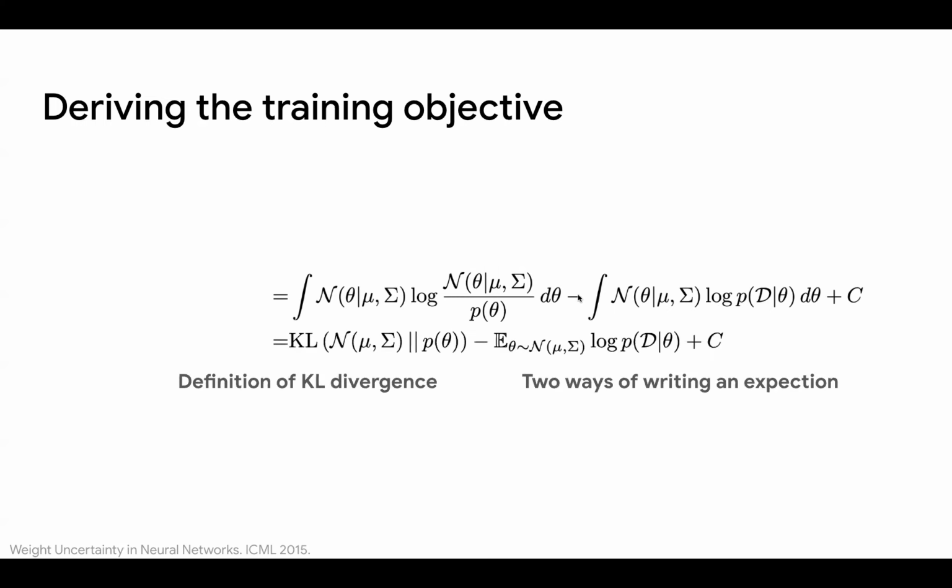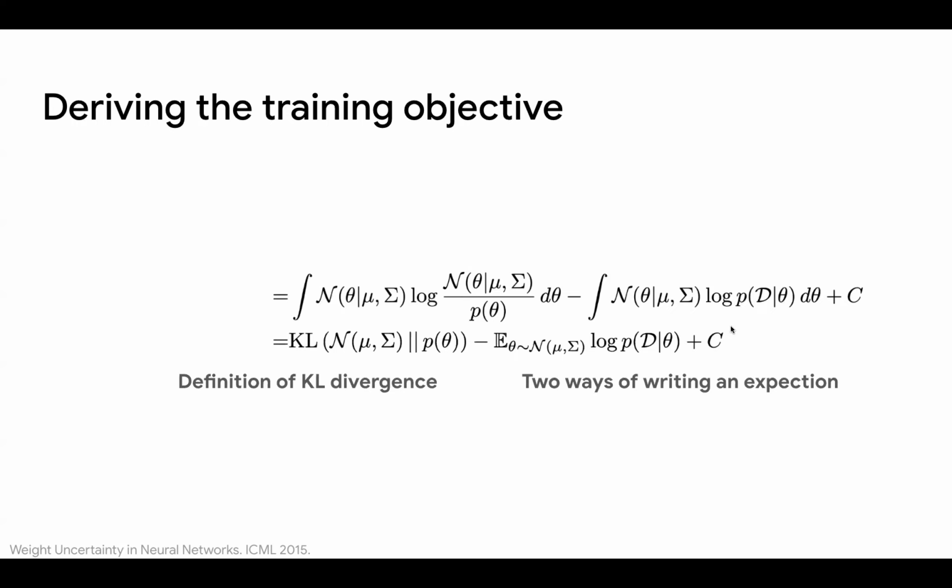And now we recognize that the first term is, again, KL divergence. And this time we go back to the KL notation. And the second term now is a cross-entropy term between two distributions, right?